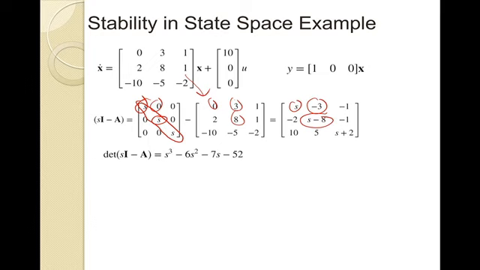Essentially, for a 3x3 system, we can cross-multiply in this direction, add those up, cross-multiply in this direction, add those up, and then subtract those two and formulate the determinant. So I will leave that as an exercise to see if you remember how to do that and get that equation as shown right there.